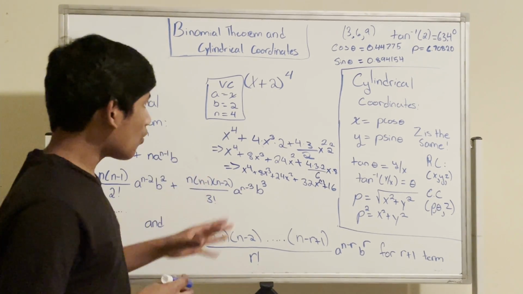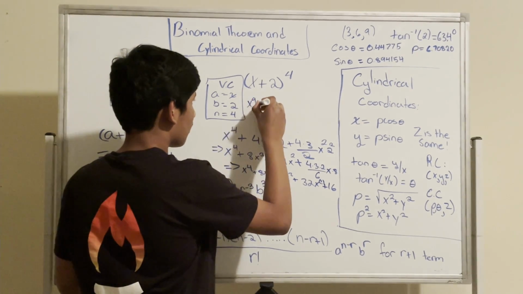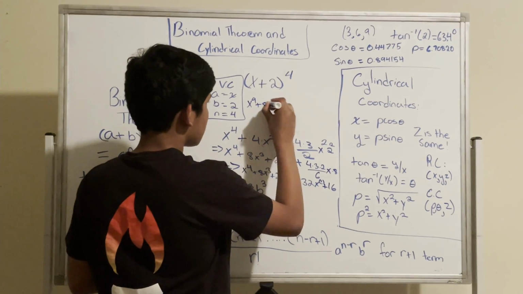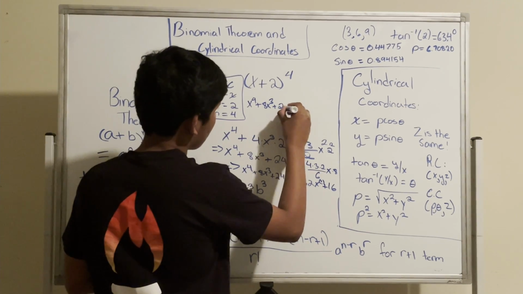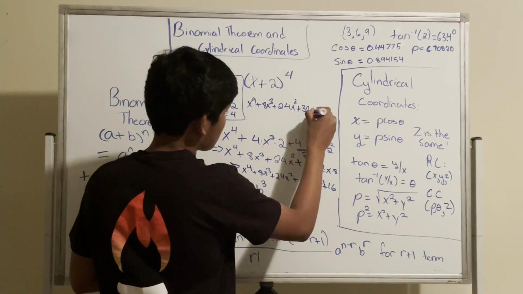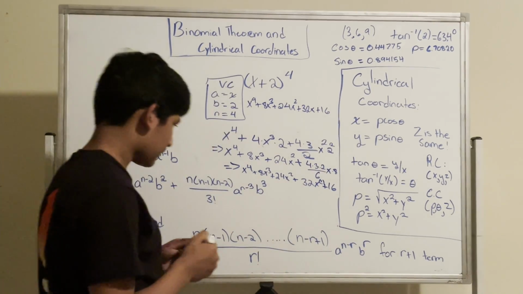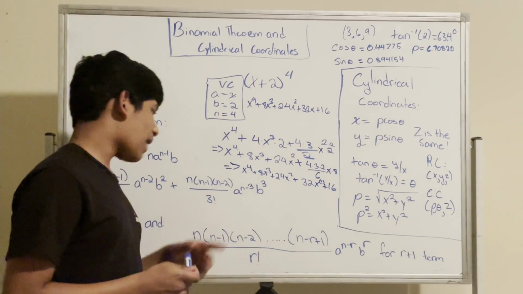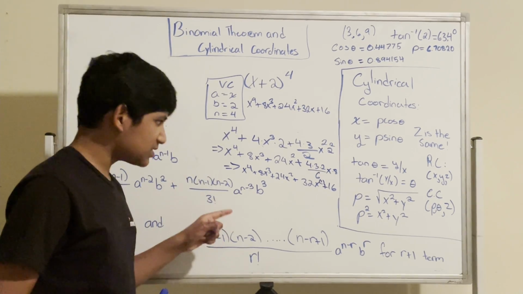Okay, so the simplified form of x plus 2 raised to the power 4 is x raised to the power 4 plus 8x raised to the power of 3 plus 24x squared plus 32x plus 16. Okay. And also notice one pattern. We go n times n minus 1 times n minus 2.